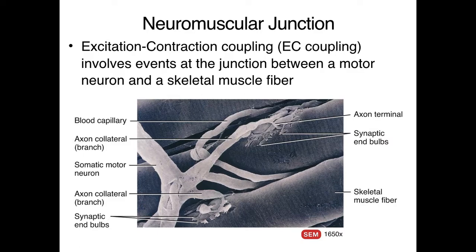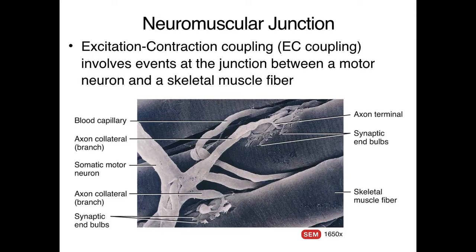And as this axon approaches its target, it sends off what are called collaterals, or branches. So this axon sends off a branch here, and that branch ends at this fiber. It sends off a branch here, and that branch ends at this fiber. It sends off a branch. Let's see. I don't see a branch that's going to this muscle fiber up here. There may be one somewhere else, but I don't see it.